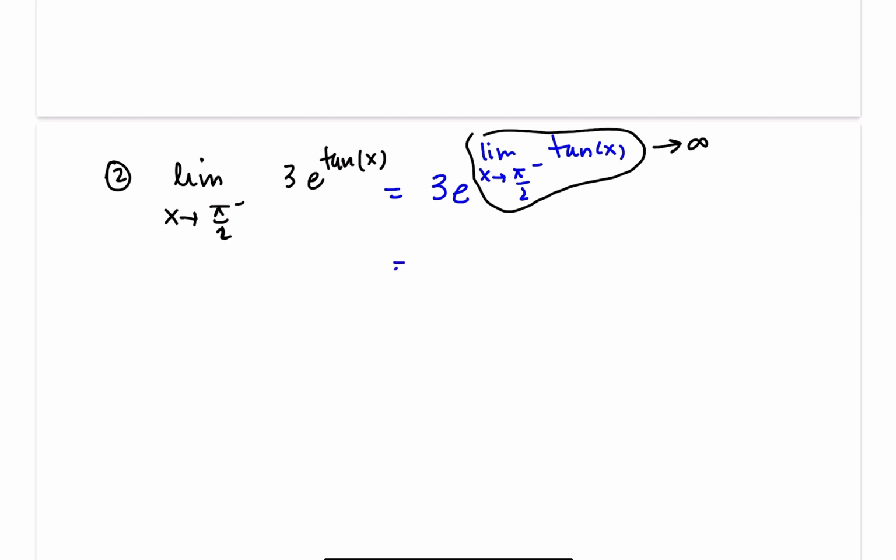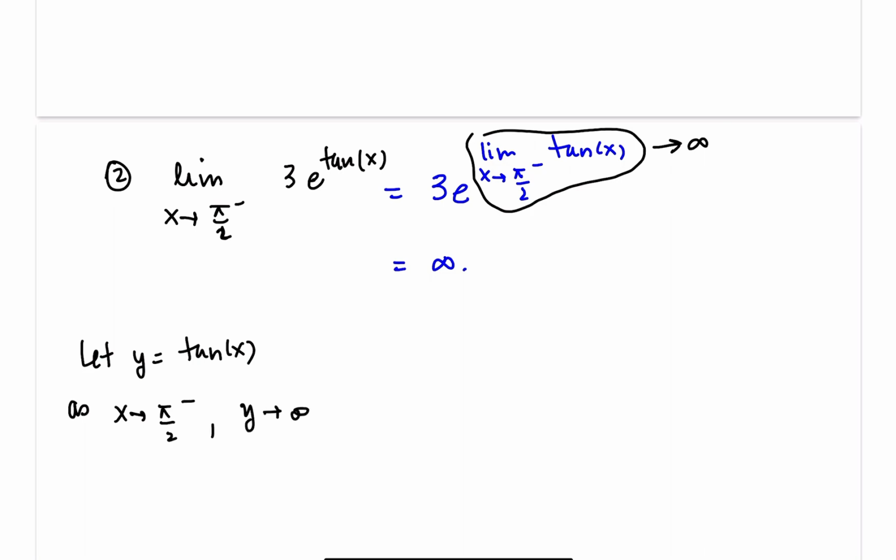I don't know if making a change of variables will make it easier to understand, but you can say let y be equal to tangent of x. Then as x goes to pi over 2 from the left, y goes to infinity.